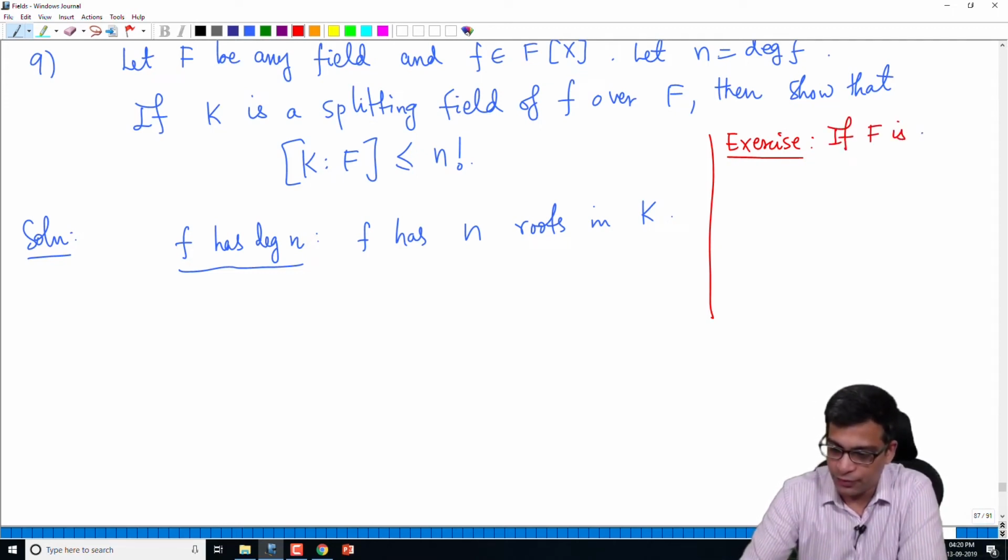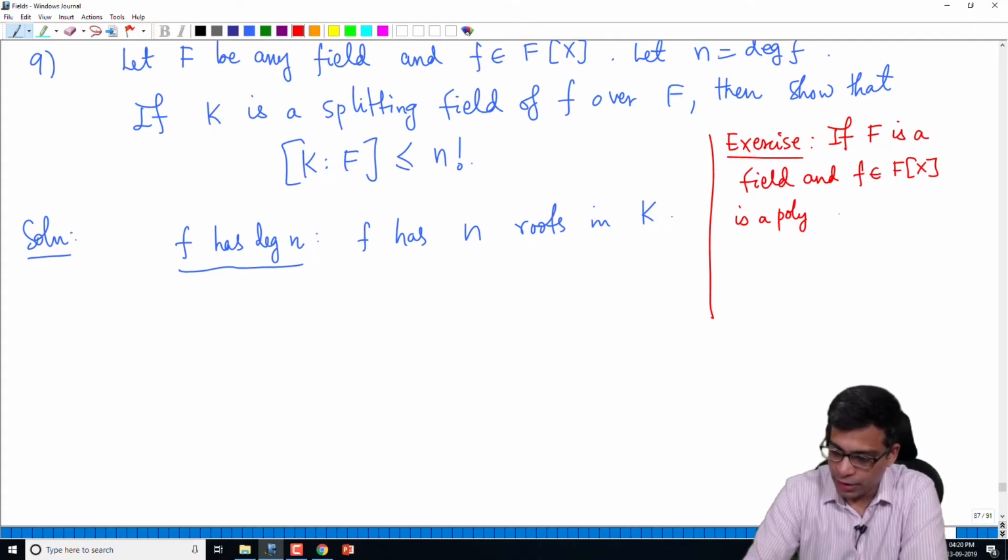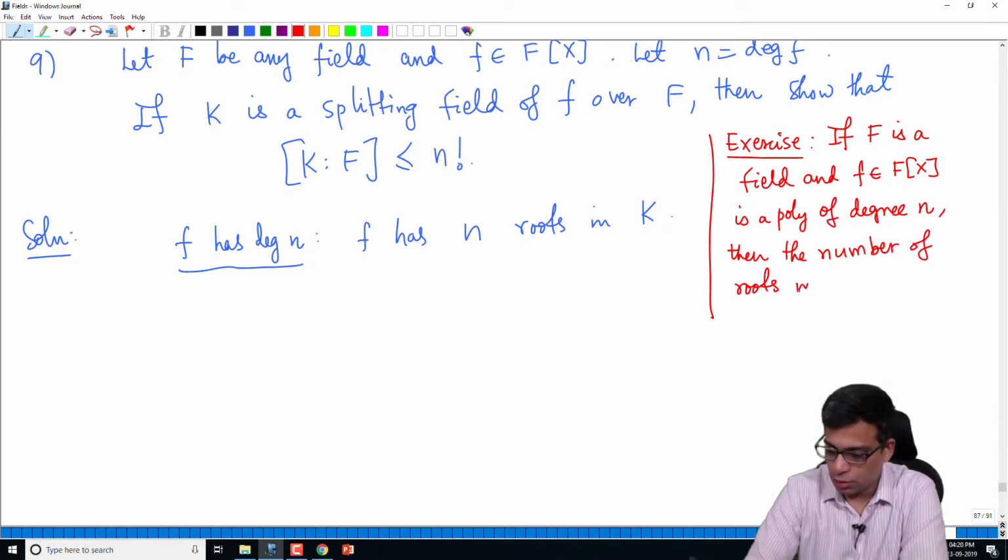If F is a field and small f is a polynomial of degree n, then the number of roots of f in capital F is at most n.